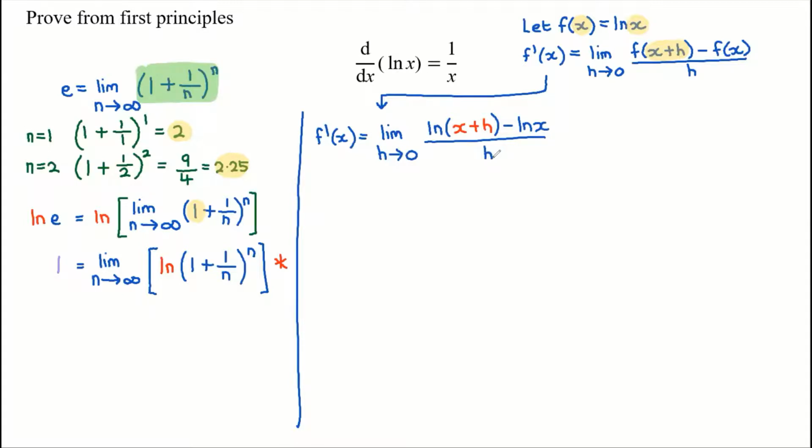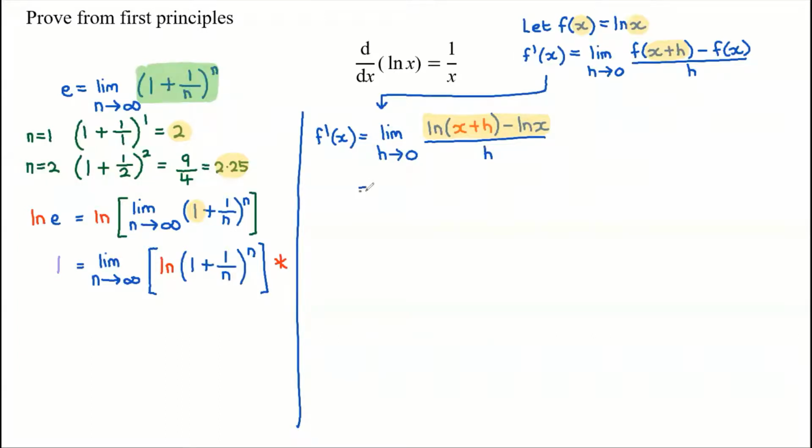What can we do with this? Well, if you know anything about logarithms, you'll notice that in the numerator we have the difference of two logarithms. Both the logarithms have the same base, which is e. So I can write the numerator as a single logarithm, as follows.